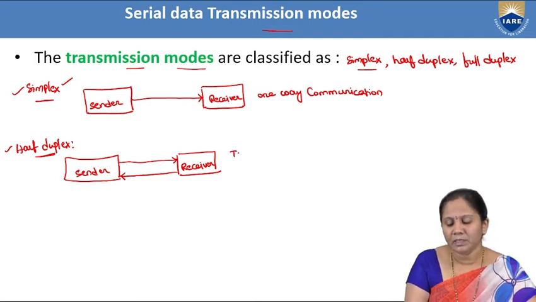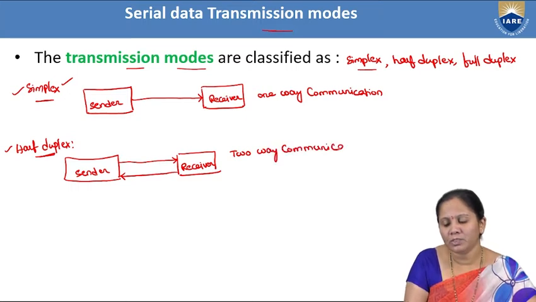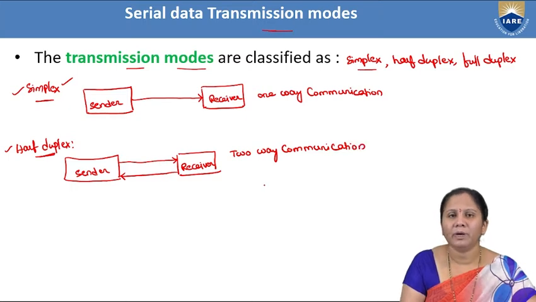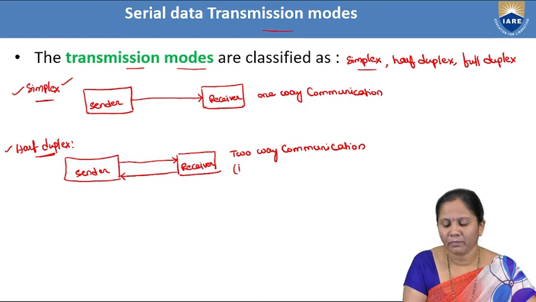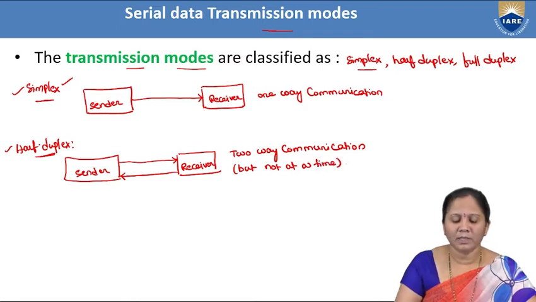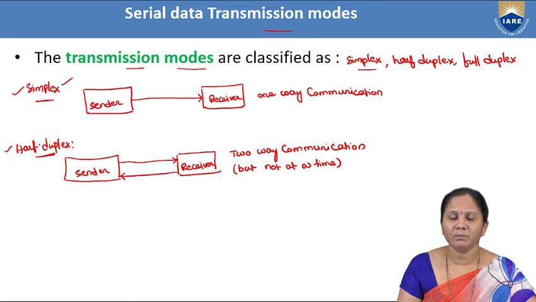That means this type of communication is called two-way communication, but the communication will not be performed at a time. The example that comes under half duplex communication is walkie-talkies.